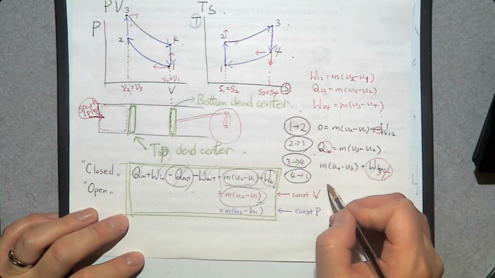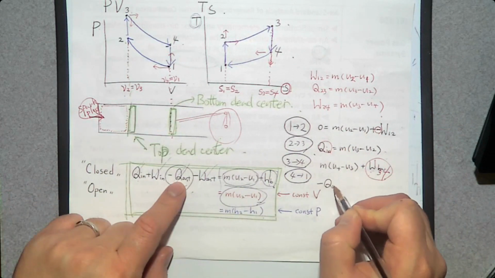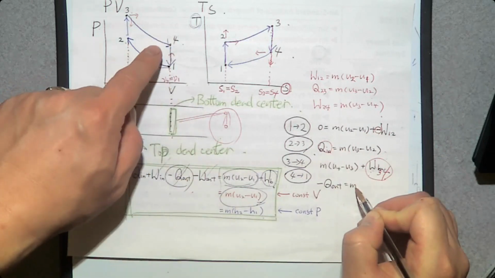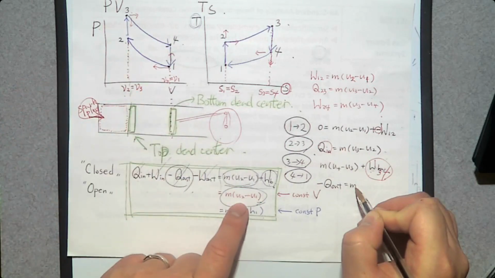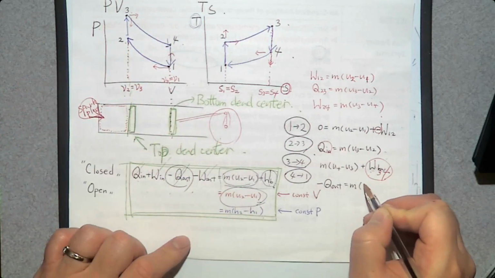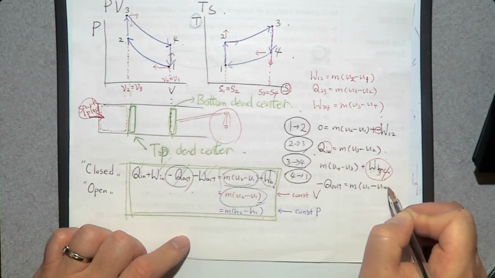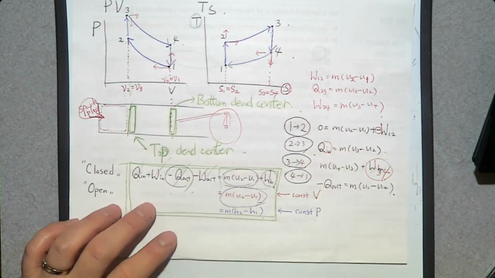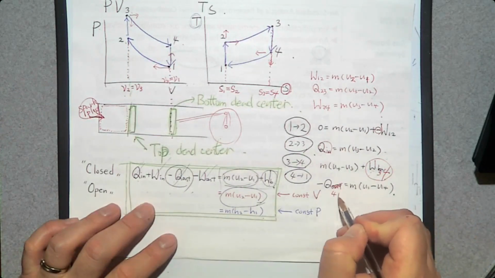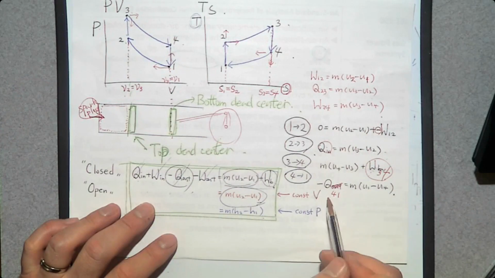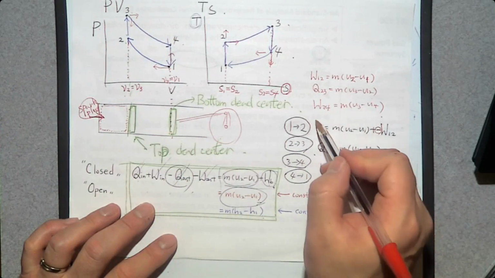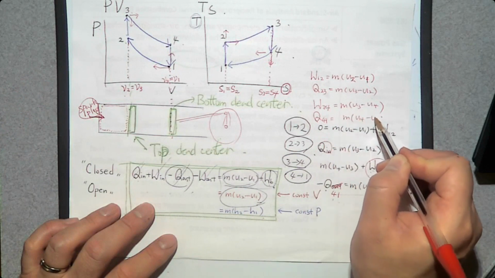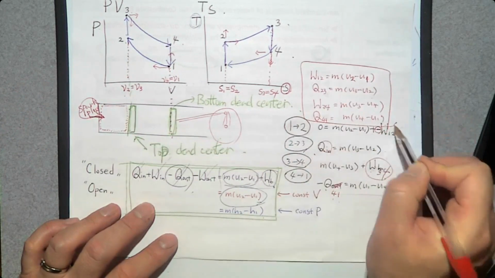So this is minus Q out is mass times, it is between 4 to 1, not from 1 to 2, so it's going to be U1 minus U4. This Q out is going to be between 4 and 1, so we can replace this by 4,1. Let's rewrite this equation in terms of Q41. Q41 is m times U4 minus U1. So these are the 4 energy balance equations.